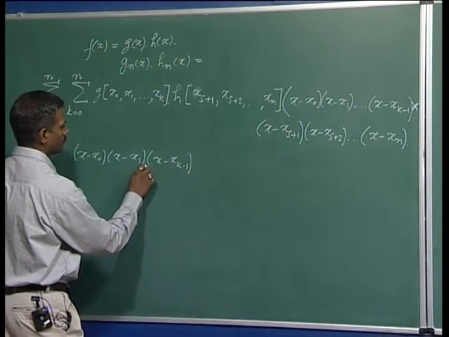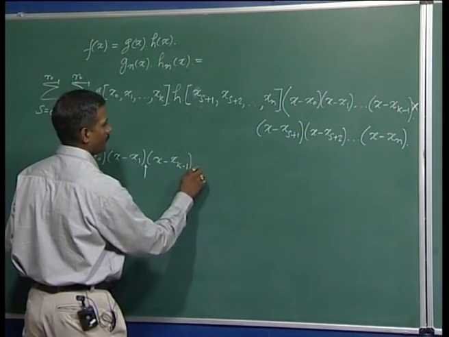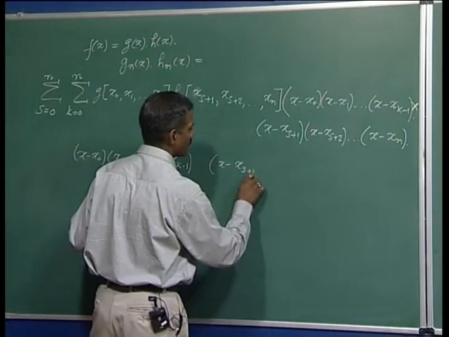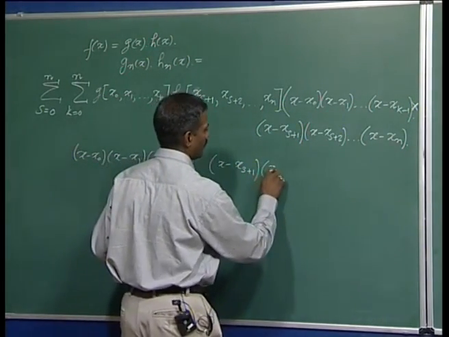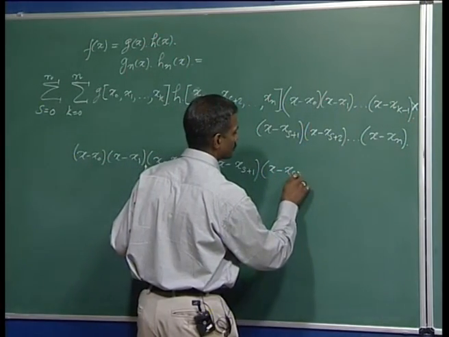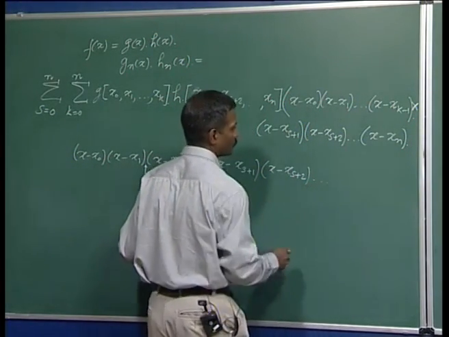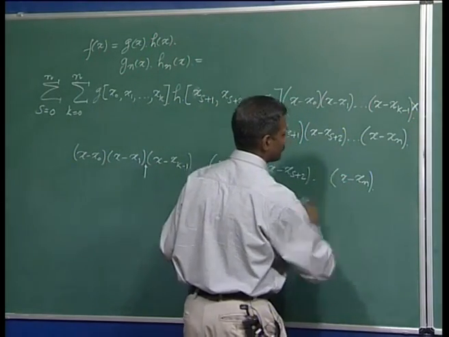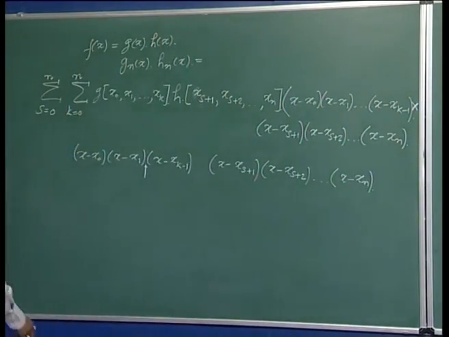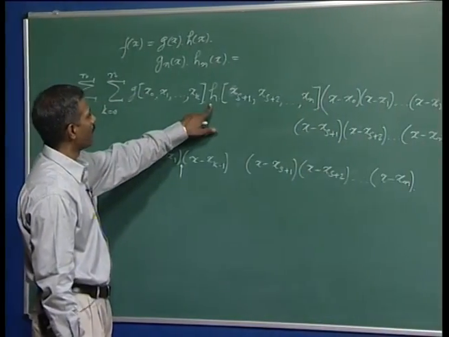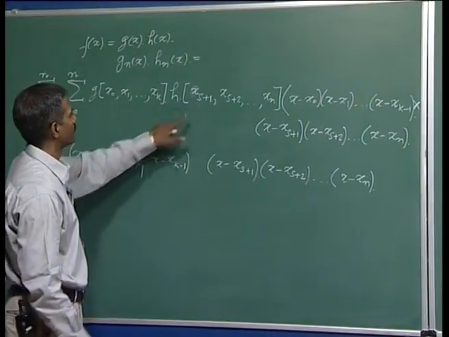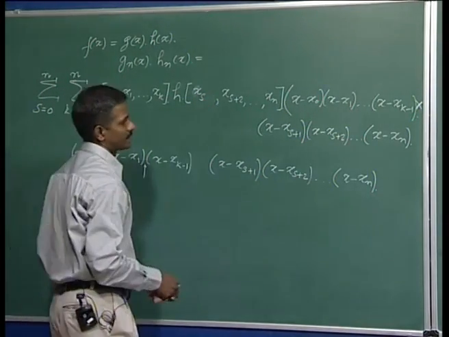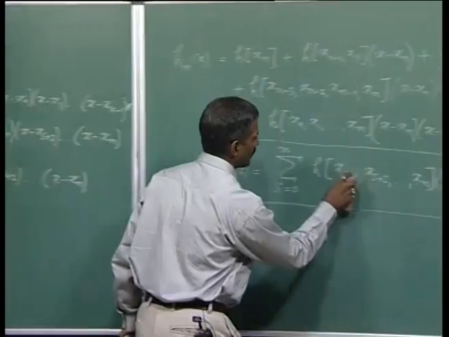Here we'll have some more terms, and then we'll have x minus xs plus 1, x minus xs plus 2, a few terms, last term x minus xn. There is a minor typo here. This should be x sub s here.